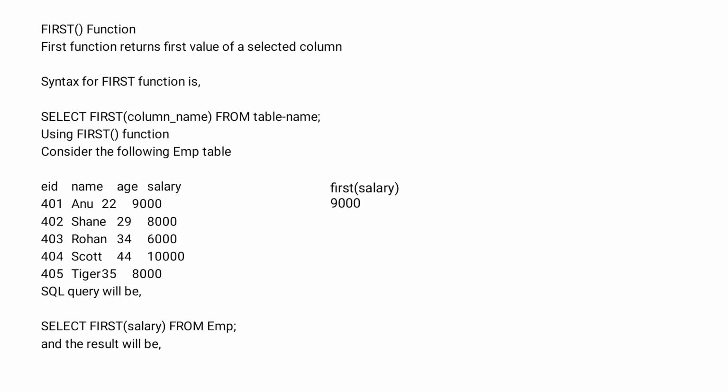If we apply it on the name column, the output is Anu, and first of age gives 22. Here is the example for the salary: we are applying the first function on salary.